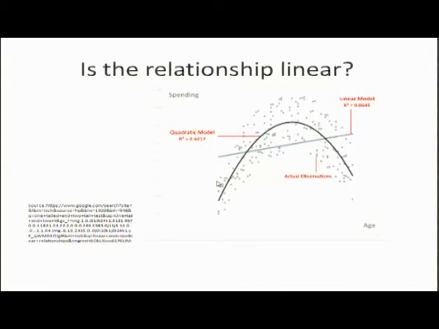Is this relationship linear? No, this relationship is not linear. It is a kind of quadratic relationship. Here, with a small positive change in x, this is the change in x, this is the change in y, and at this point for the same change in x, the change in y is bigger, and here for the same amount of change in x, the change in y varies and is negative.